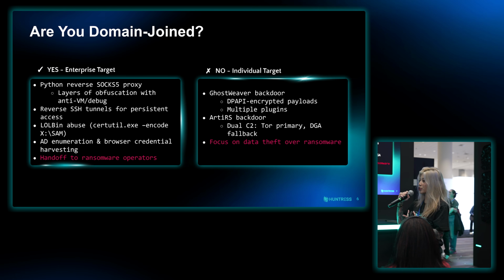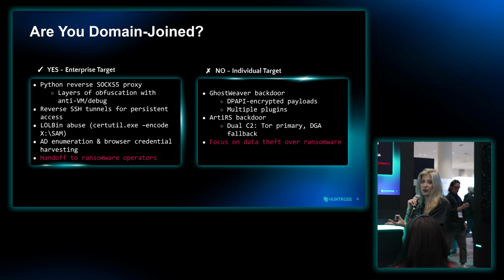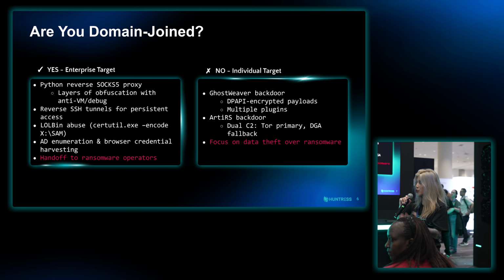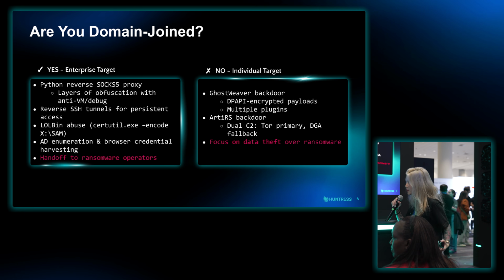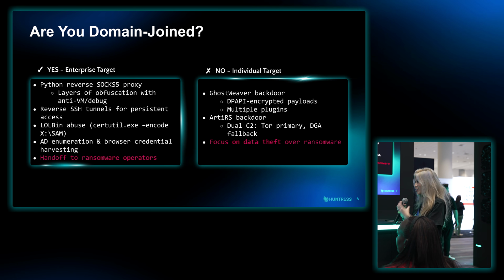Living off the land binary. So they have used CertUtil, which is a legitimate Windows tool to manage certificates. They encode the SAM database, which contains credentials, password hashes, right? So they can use that later to perform a pass-the-hash attack or crack the credentials offline. Then Active Directory enumeration and browser credential harvesting.